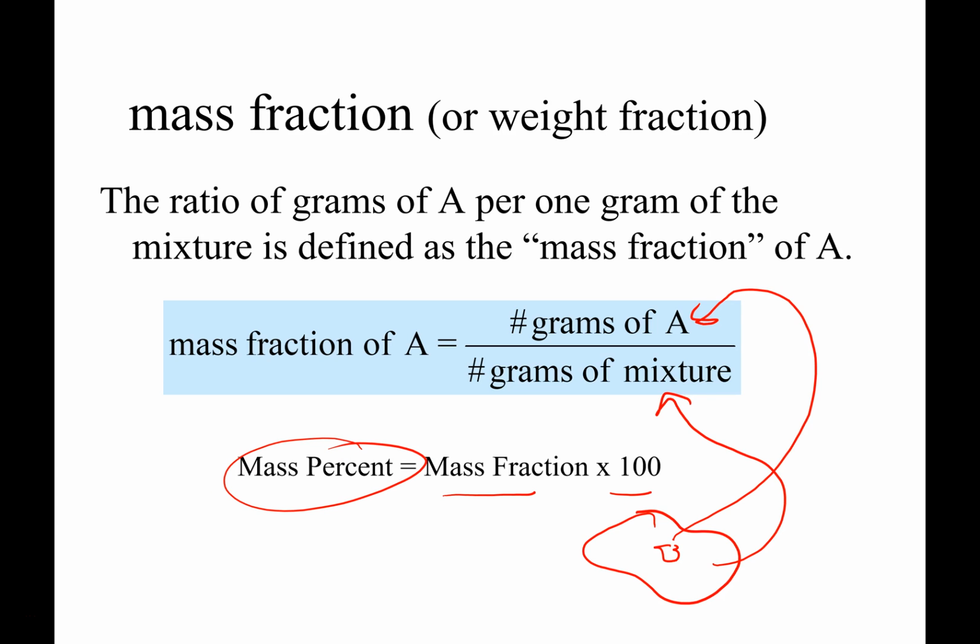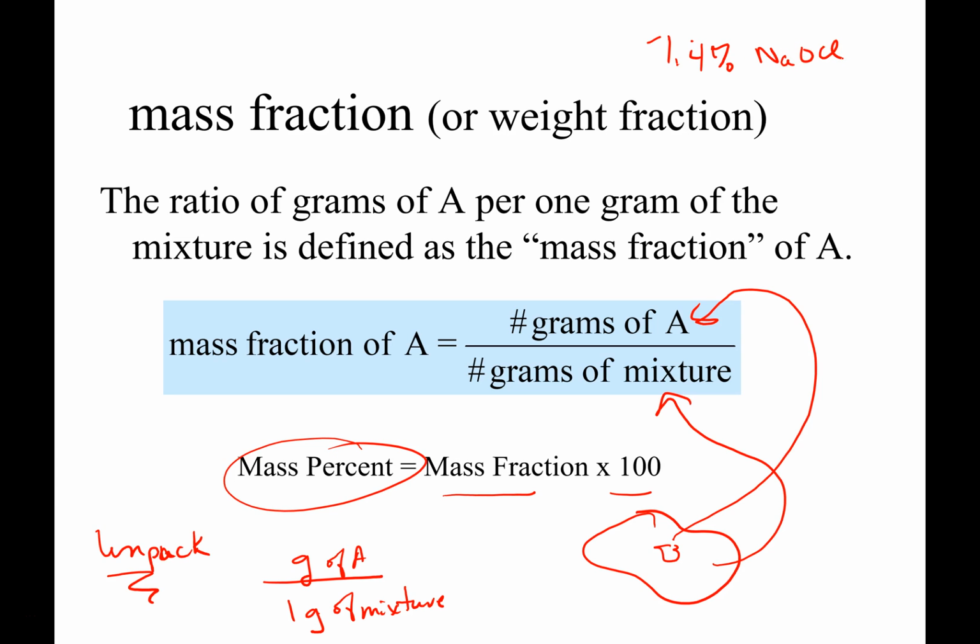Feels like we just kind of go in circles here. One more thing I'm going to add, if you were to unpack mass fraction, it means grams of component A per 1 gram of mixture. That's what it means. So a little bit ago, that 7.4% NaOCl, does this make sense?